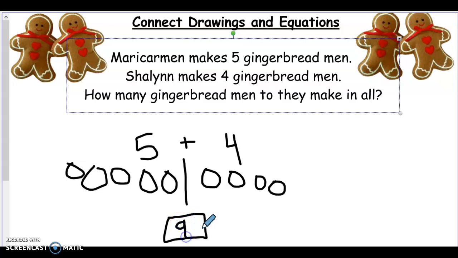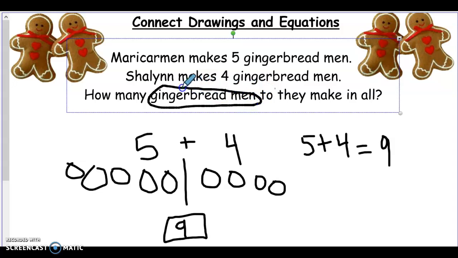Good. 9 is our answer, so it would look like 5 plus 4 equals 9. And then somebody might ask, 9 what? What is this problem all about? What is the label? The label would be gingerbread men.